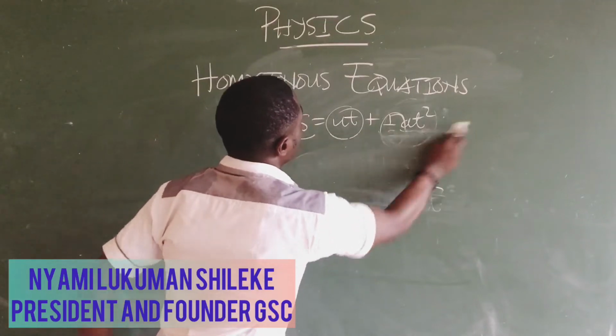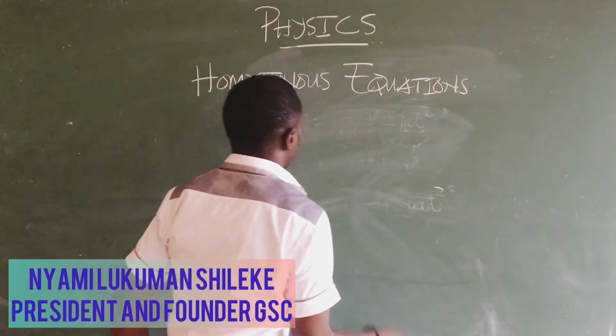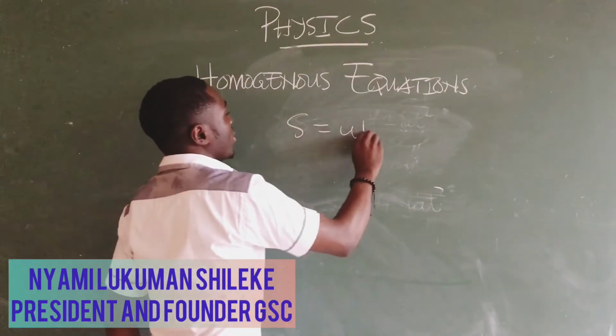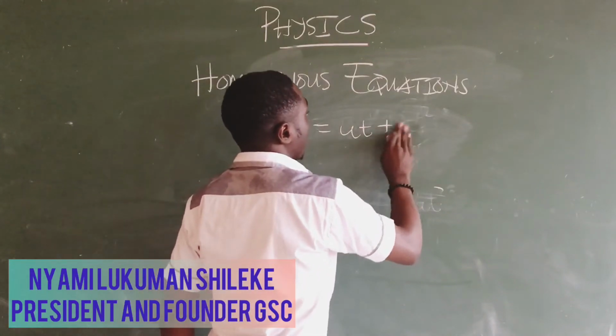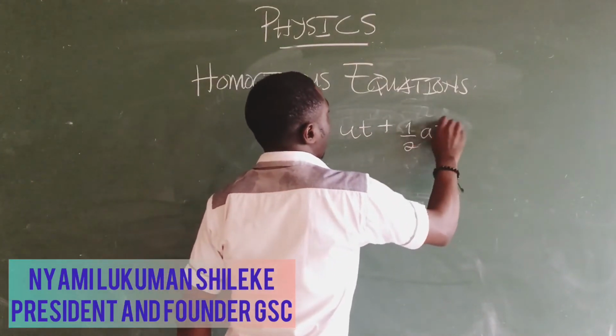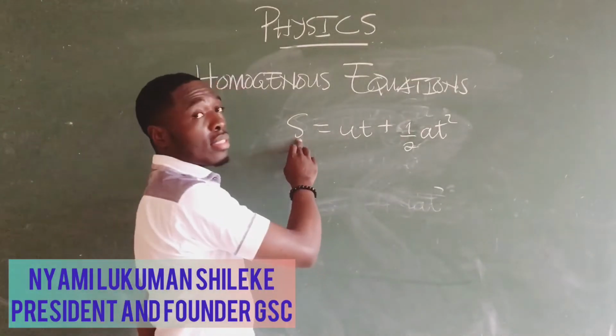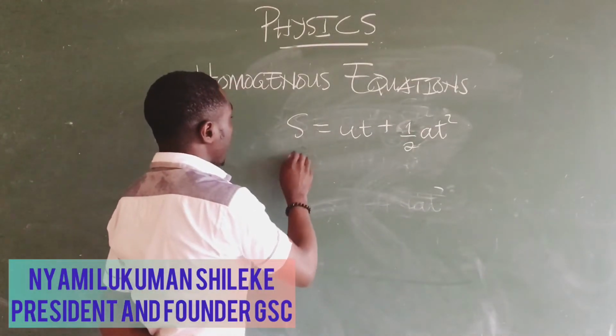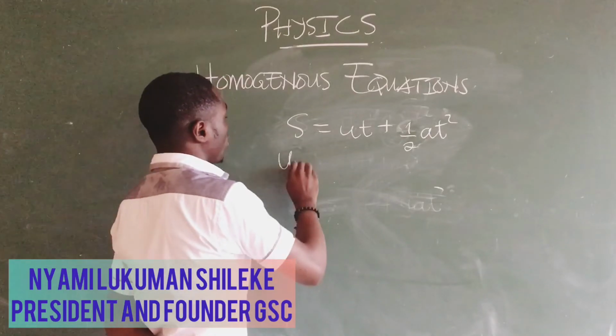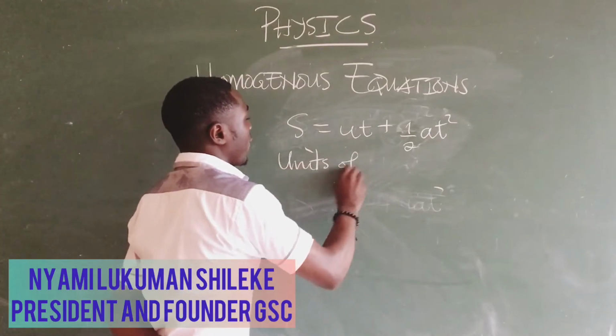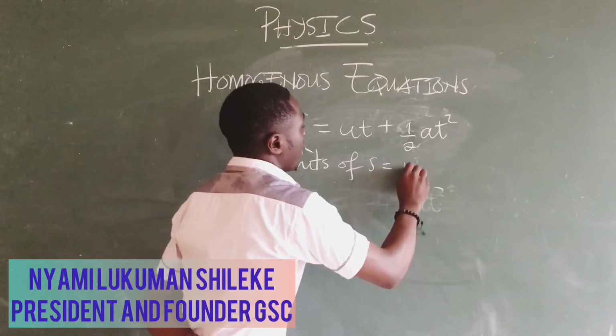Why do we say this equation is homogeneous? I can write down my s equals ut plus half at squared. Okay? So s is distance. Units of s is the meters.